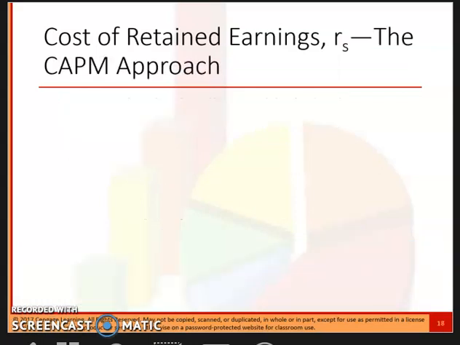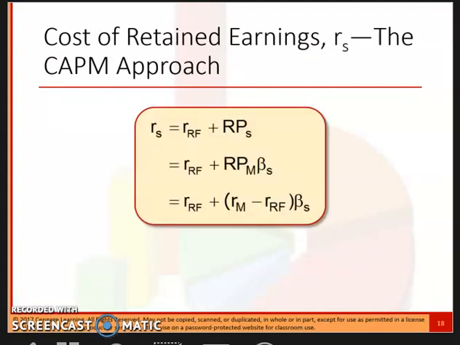Cost of retained earnings, CAPM approach. The cost R sub S, as I showed before, is equal to the risk-free rate plus the risk premium for that stock.